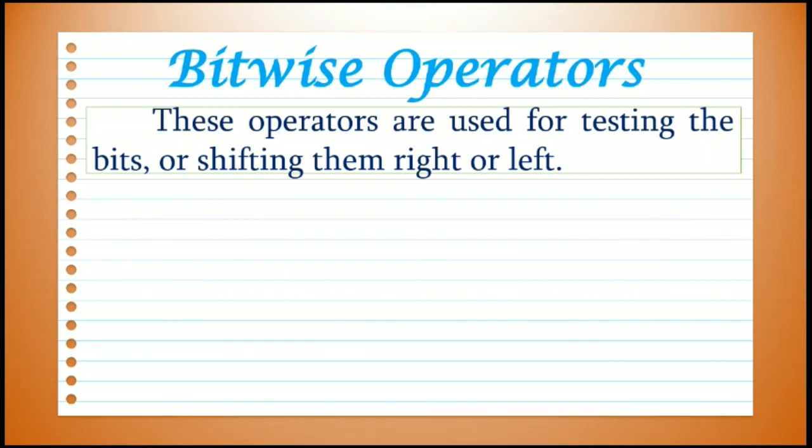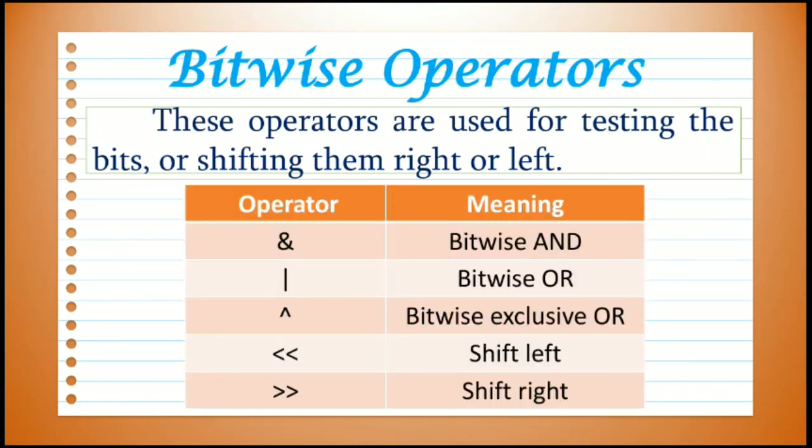Bitwise operators may not be applied to float or double. Here is the list of bitwise operators. So the first one is the operator and the meaning of that is bitwise and. Next one is bitwise or. Next, bitwise exclusive or. Next one, shift left, and the last one is shift right.